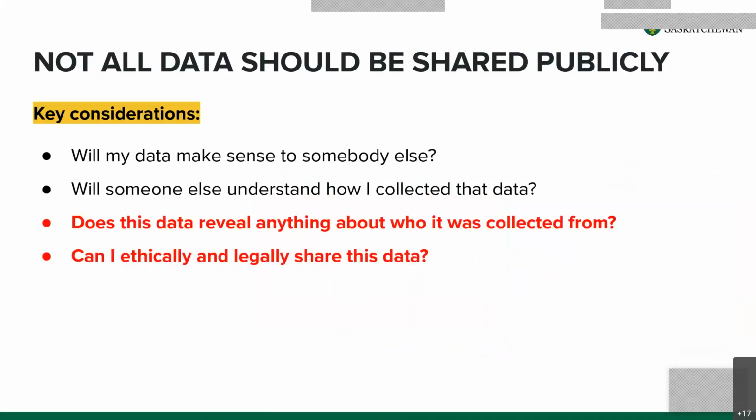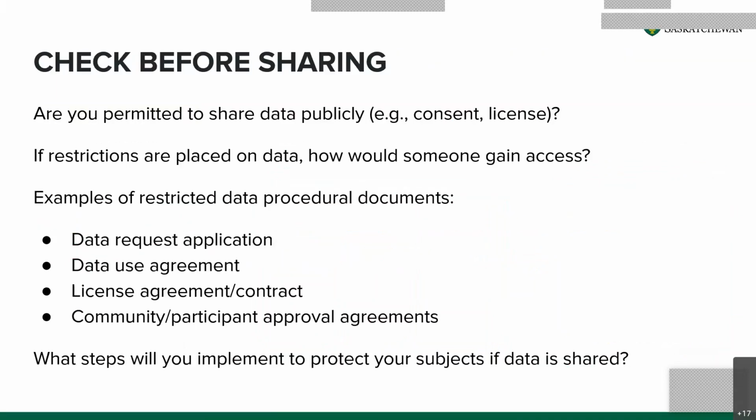Also, I just wanted to mention, because people were talking about sensitive data, it's really important to ask yourself: does this data reveal anything about who it was collected from? And can you ethically, legally share this data? Always check before sharing. Are you permitted to share publicly? If there are restrictions placed on it, how would someone actually go about getting access to it?